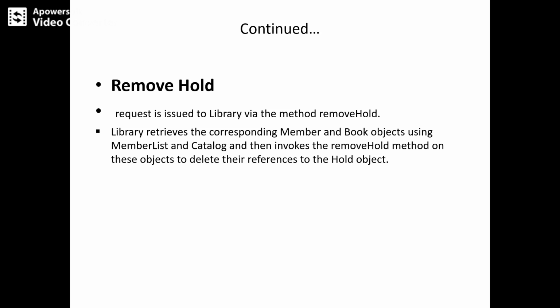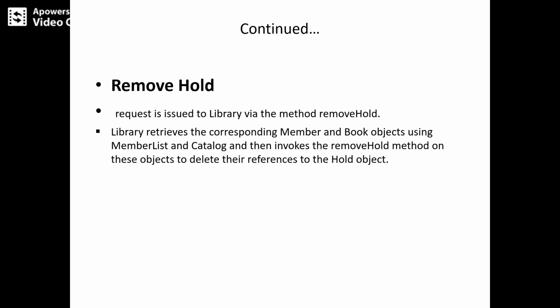The library retrieves the corresponding member and book object using member list and catalog, which then invokes the remove hold method of this object to delete their reference to the particular hold object. So we need to check that very carefully in the case of remove hold.